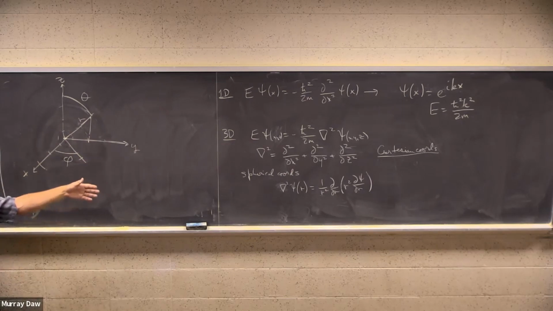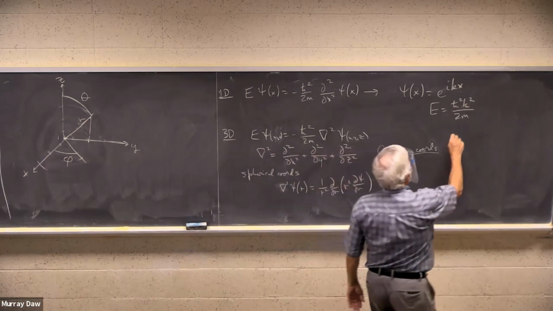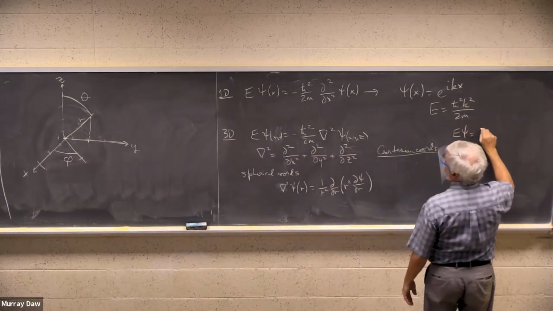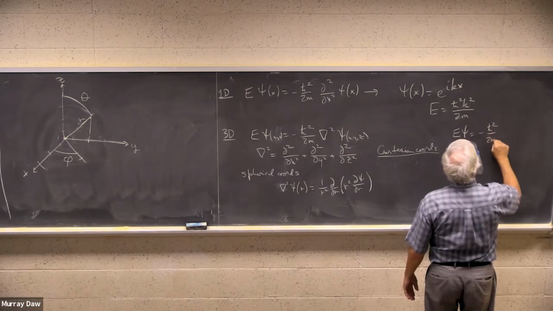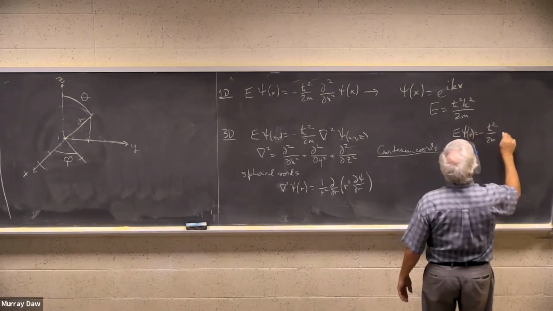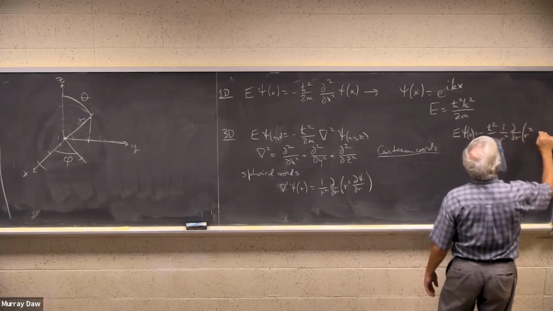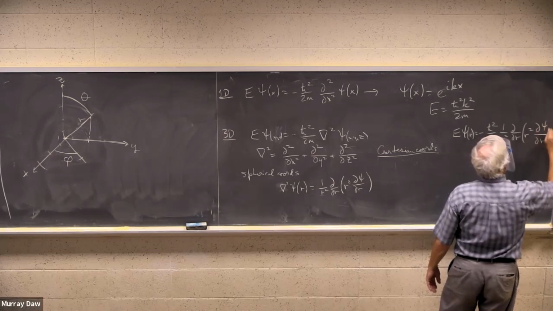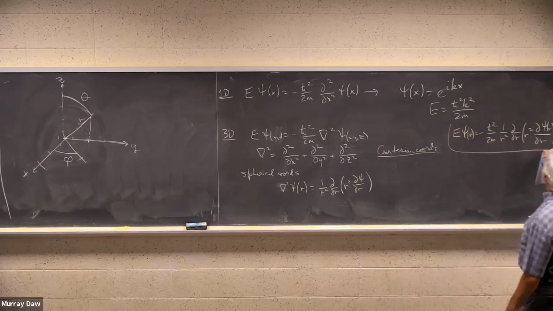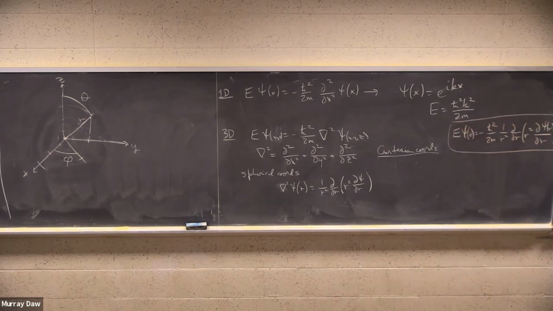So we only need to deal with the r dependence of the wave function. That means the solution of the Schrodinger equation, where psi depends on r, is the Schrodinger equation in 3 dimensions where the wave function depends only on the distance, not on the angle. Spherically symmetric, propagating out from the source.